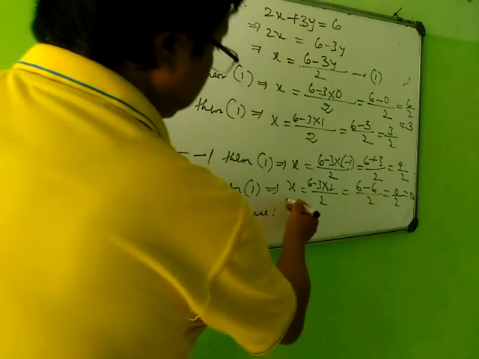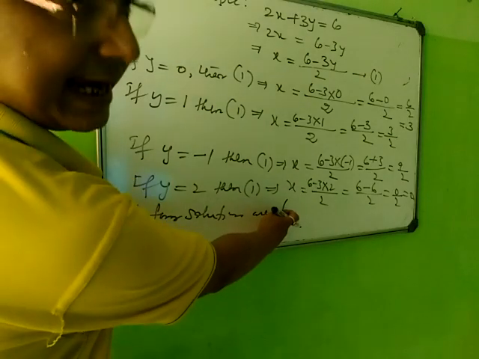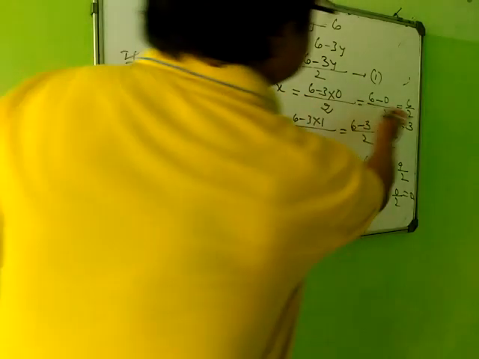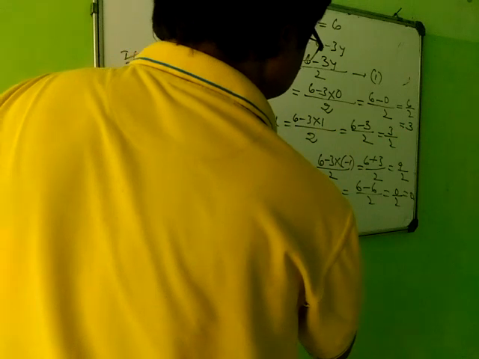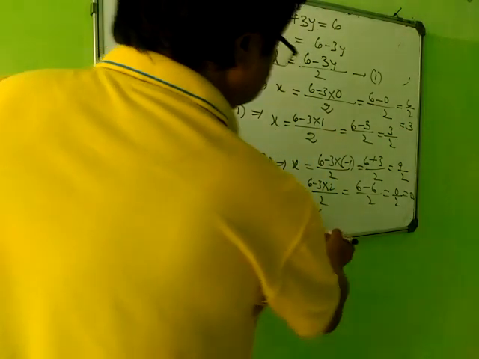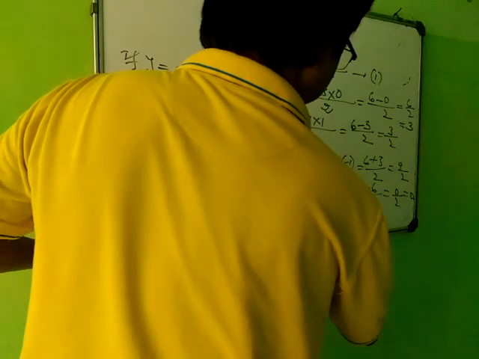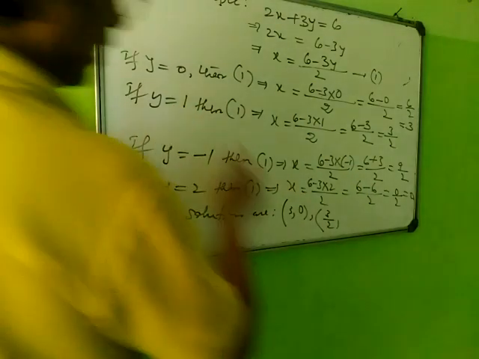So the 4 solutions are, using the first bracket: x is 3, y is 0. Second one, x is 3 by 2, y is 1.